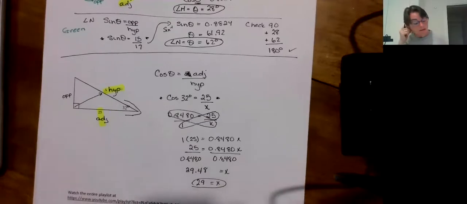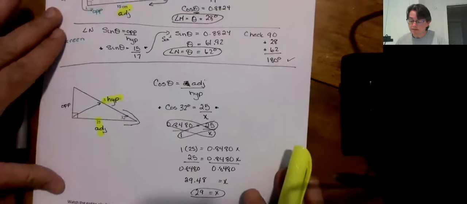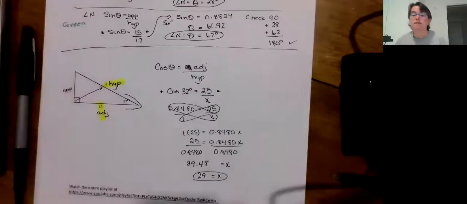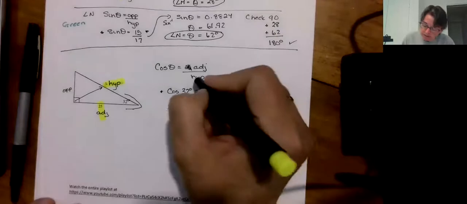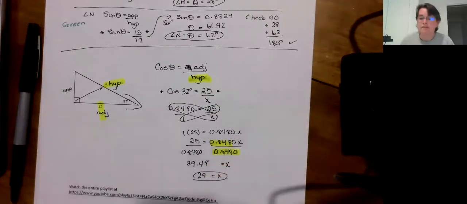Now, I want to show you guys, I don't know if you've noticed this, but, oh, this isn't the right question to do this. When you're solving for the sides, whether it's the hypotenuse or adjacent, you have to be careful, because when you're solving for the hypotenuse, that's your unknown, you end up doing this dividing stuff.